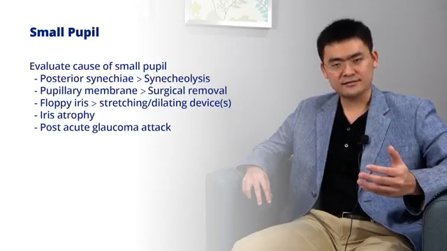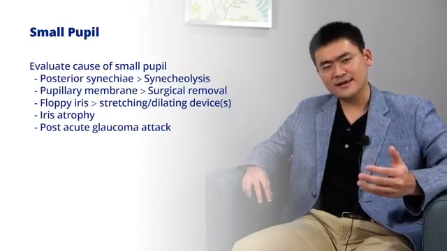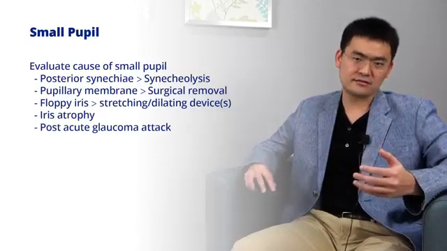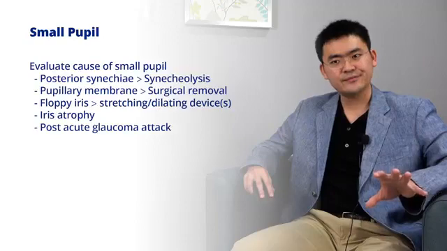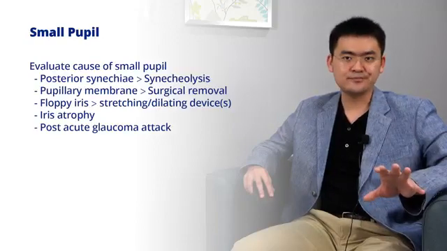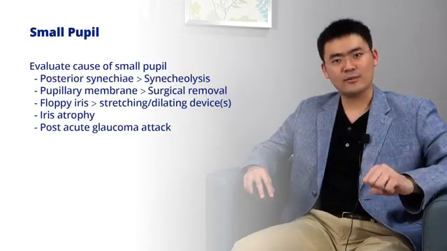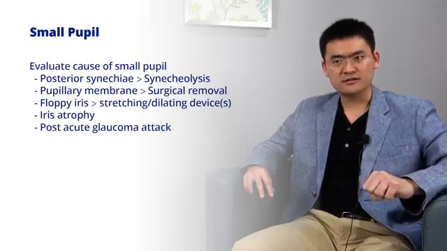For the iris, we can do stretching, dilating with the many devices that are available in the market right now. Iris atrophy can cause a small pupil as well, and a post-acute glaucoma attack can cause a small pupil too. Bleeding is another challenge, and we have ways to control it.